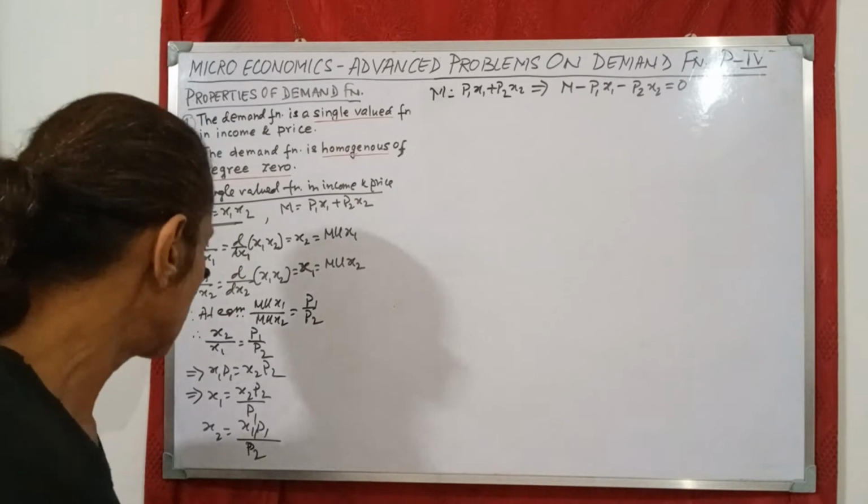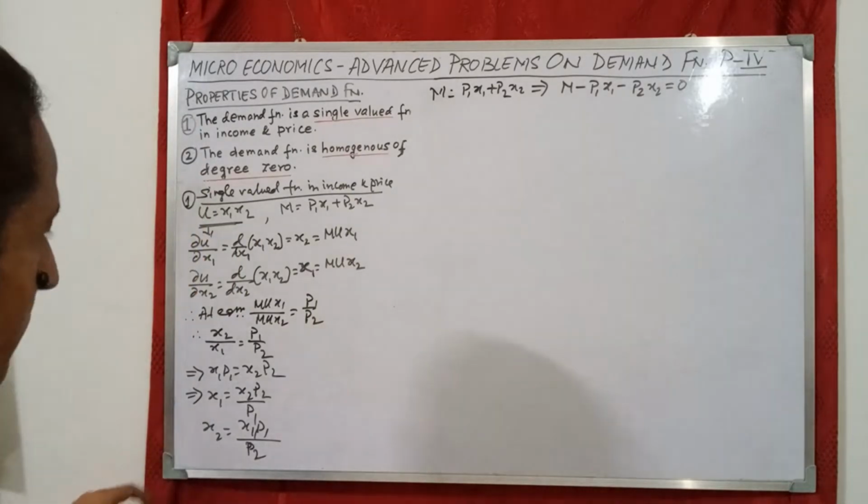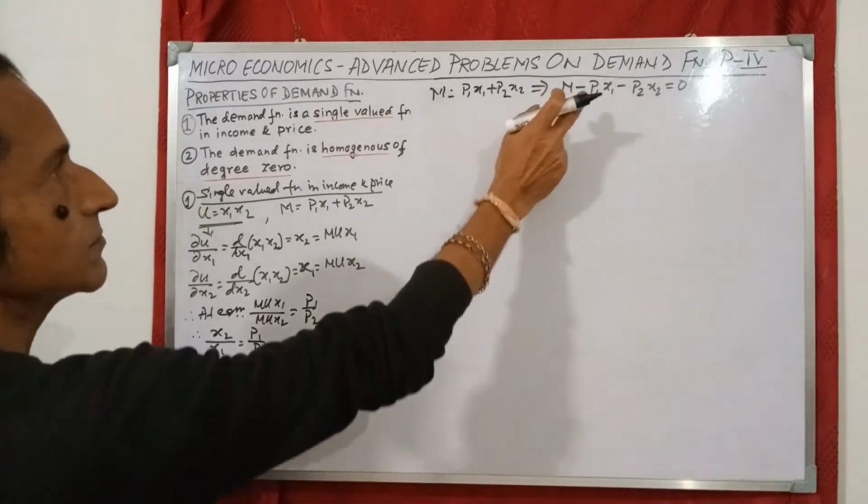Now we shall put the values of x1 and x2 from here in this budget constraint.